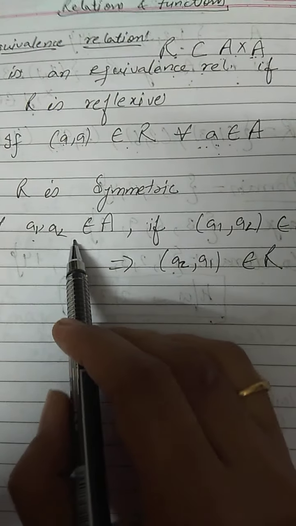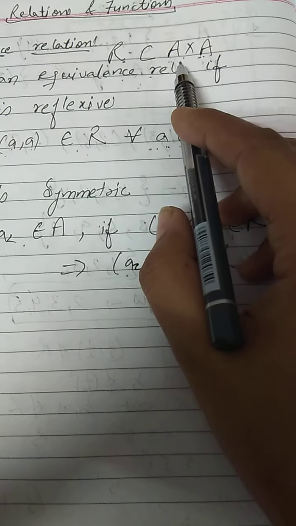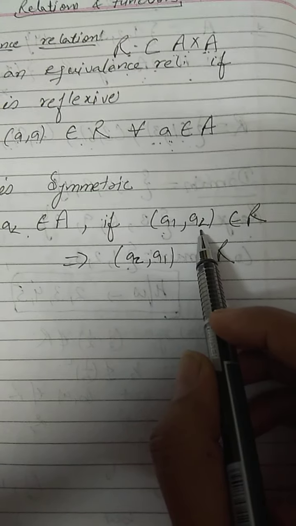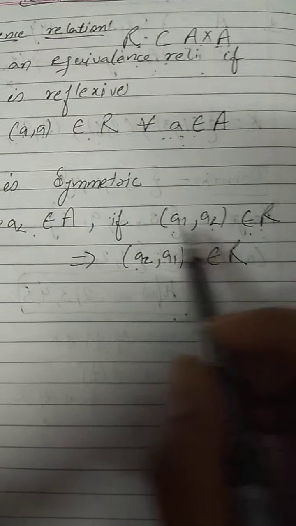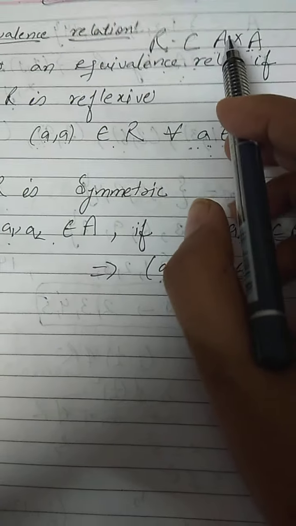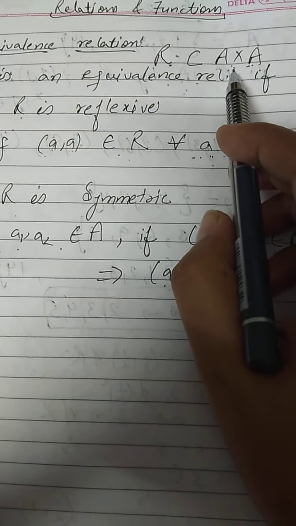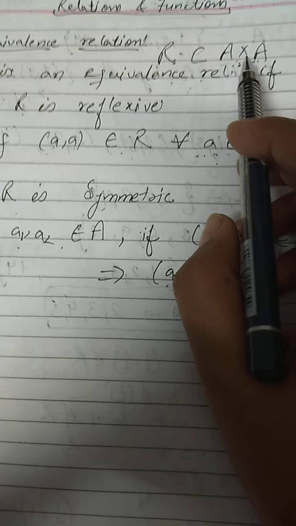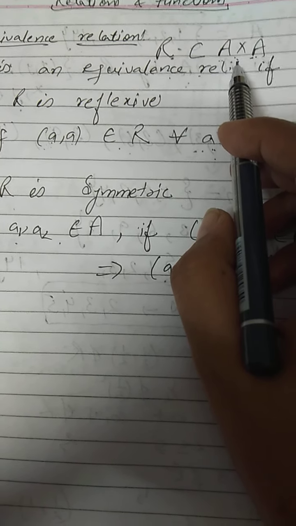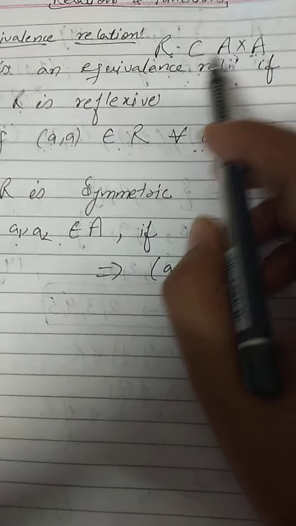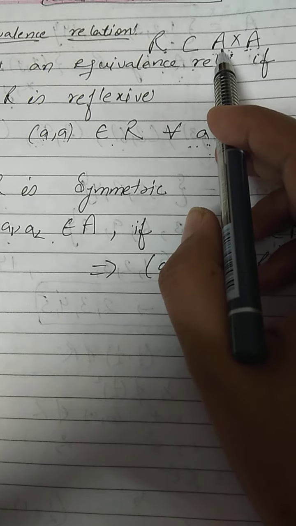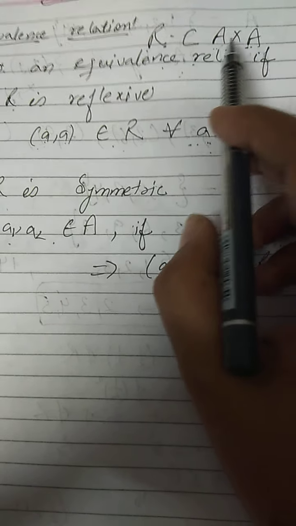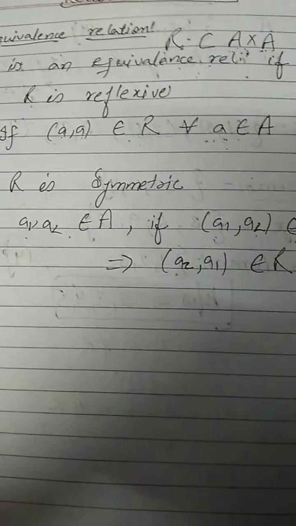Remember, a relation is a subset of the Cartesian product, which in class 11 we have done. The Cartesian product is the set containing all the elements in the form of ordered pairs, and in every ordered pair the first element comes from the first set and the second element comes from the second set. Here the first and second sets are the same.